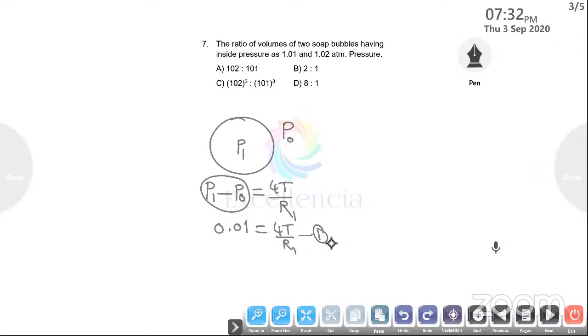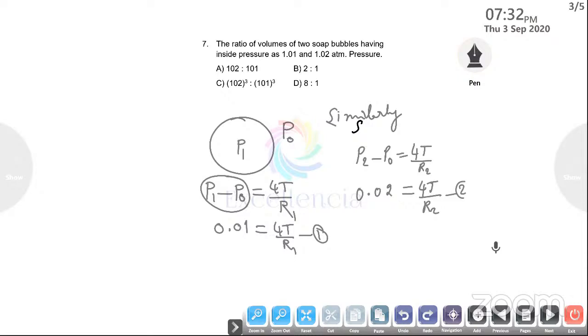Similarly, for second bubble, we can write P2 minus P0 is equal to 4T by R2. The excess pressure is 0.02 because pressure inside is 1.02 and outside is atmospheric pressure 1, so that is 0.02 atmospheric pressure, equal to 4T by R2.